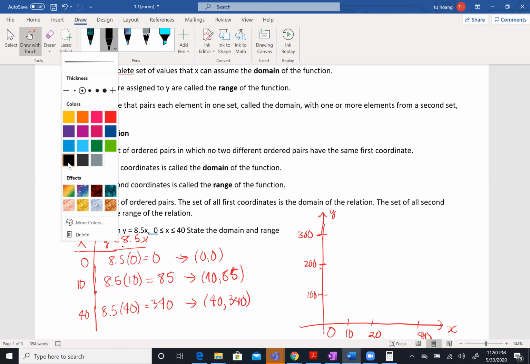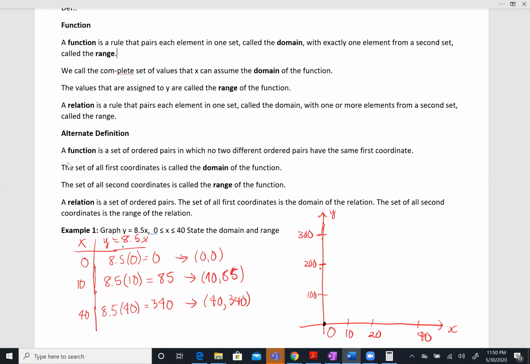So I know that there's a point at 0, 0, the origin, okay, and another one is 10, 85. Okay, 85 is around somewhere here. And say I have 40 and 340. Okay, I'm going to say 340 is around here. Okay, 340. Make it clear.